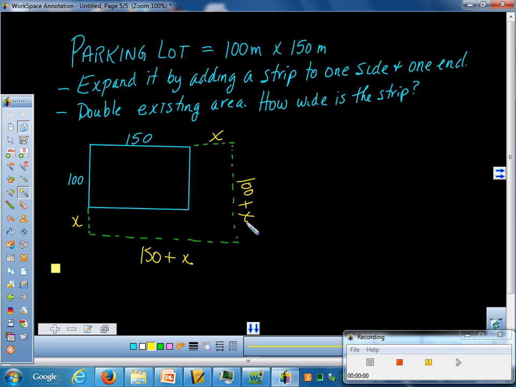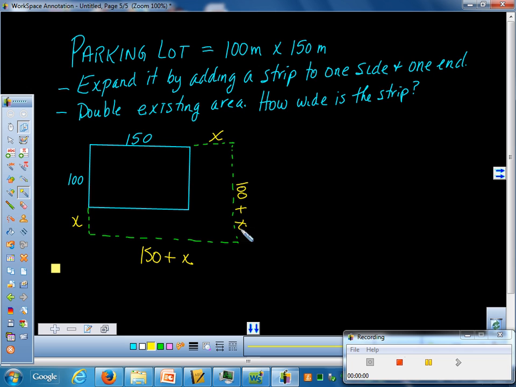What's the key thing here that has to happen? What was the big key thing that you know about how much space this has to have? It is double the existing area. Well, what's the existing area?